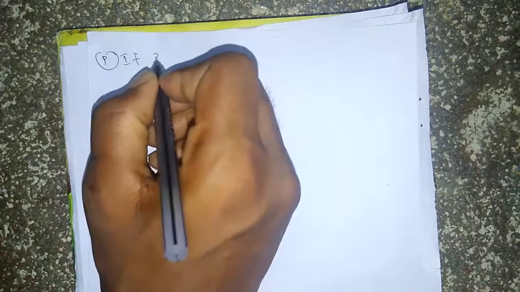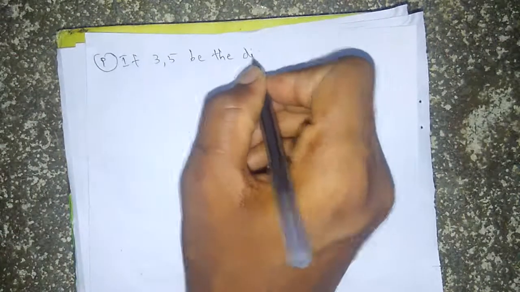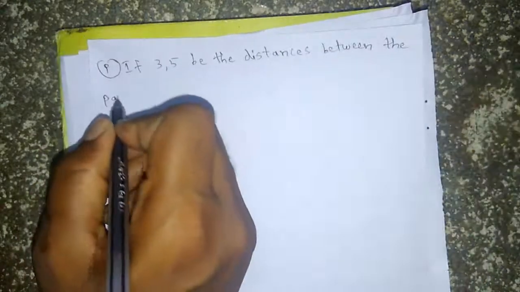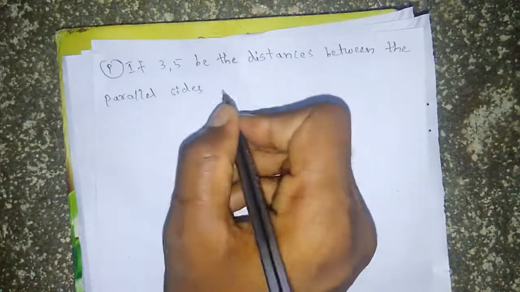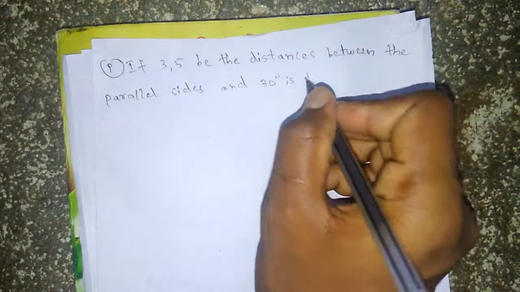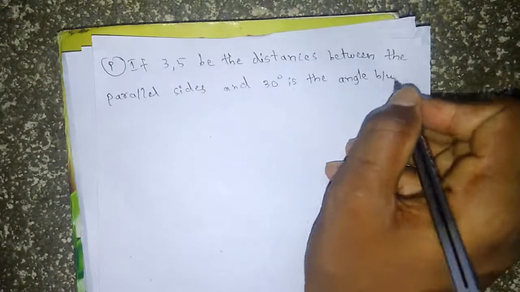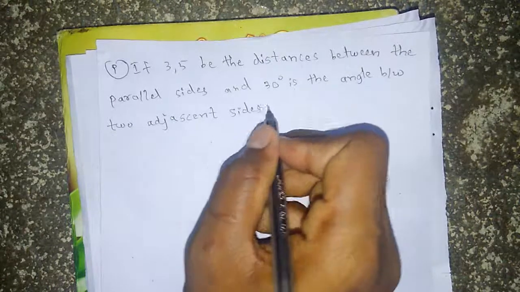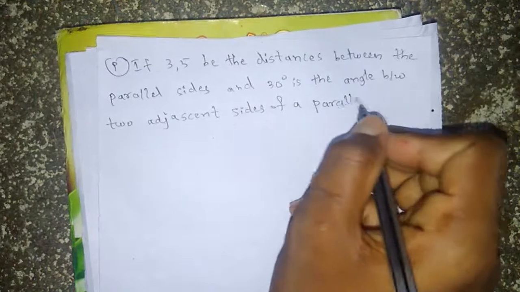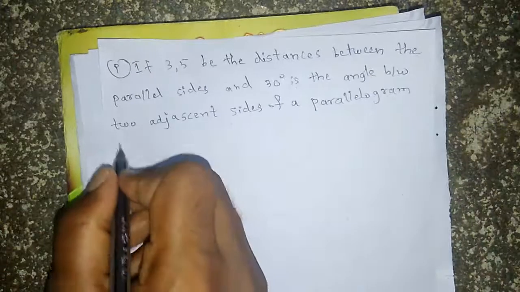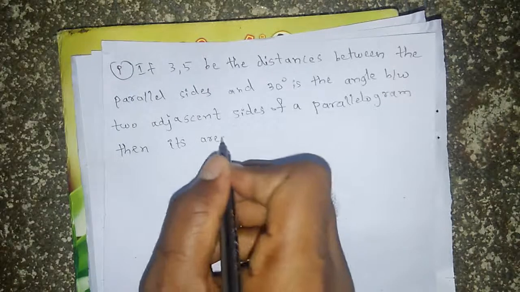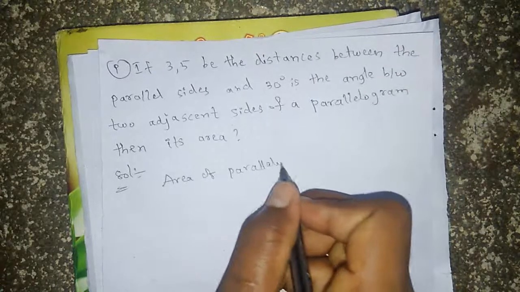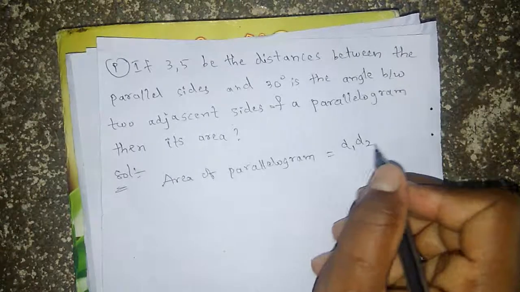Next problem is, if 3, 5 be the distances between the parallel sides and 30 degrees is the angle between two adjacent sides of a parallelogram, then its area is... area of parallelogram is d1 d2 by sin theta.